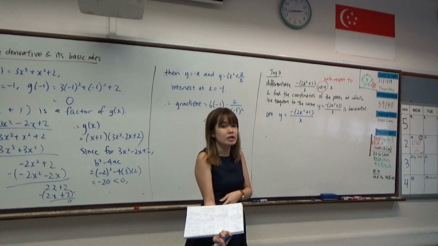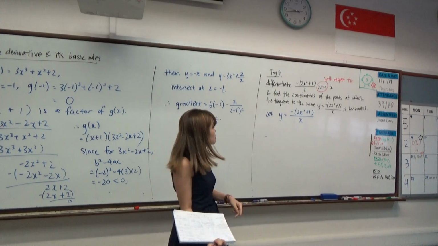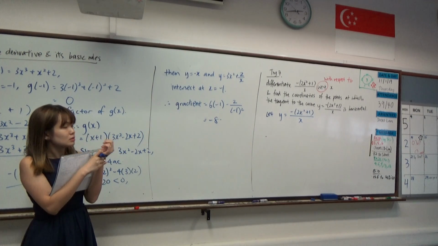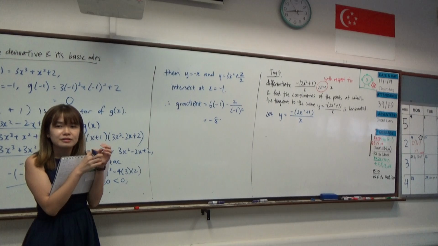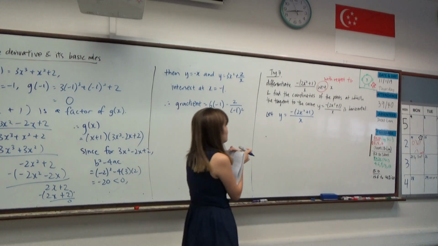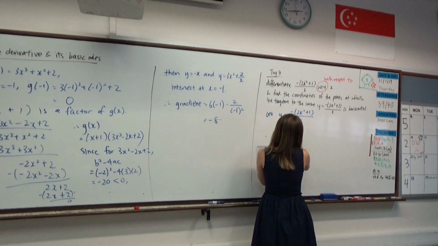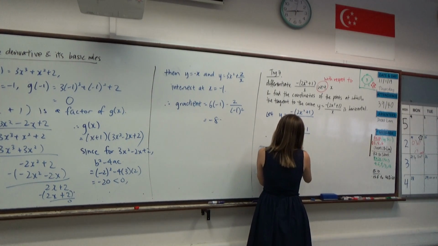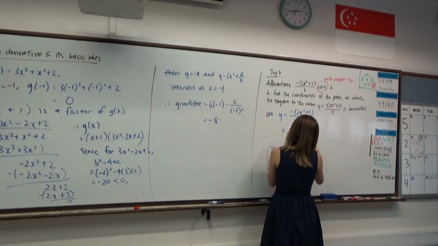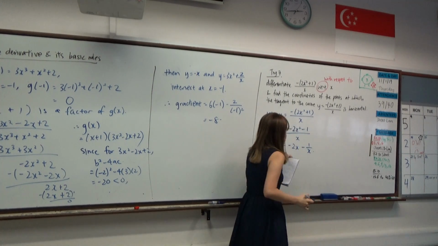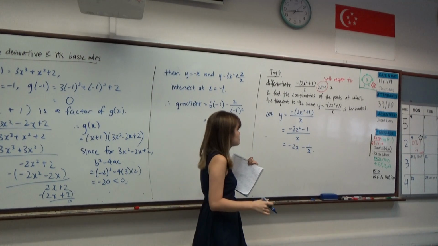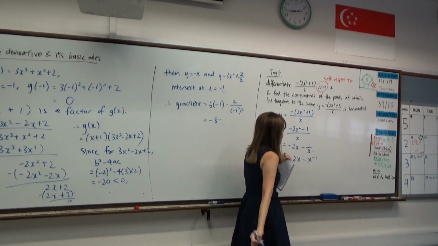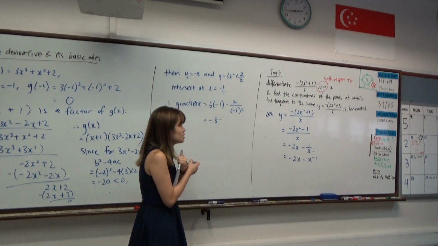What should we do to differentiate this function? What do we need to do first? Simplify it first, right? You need to simplify it first in order to differentiate it. So we get negative 2x minus 1 over x, which is the same as x to the power negative 1.